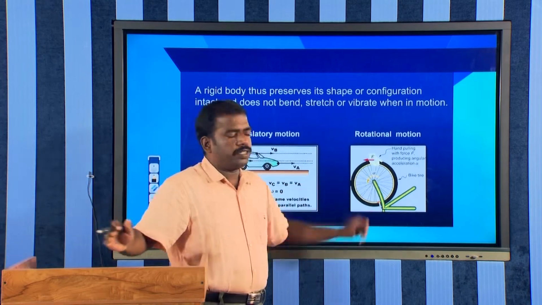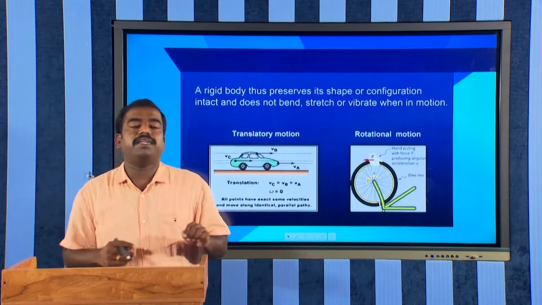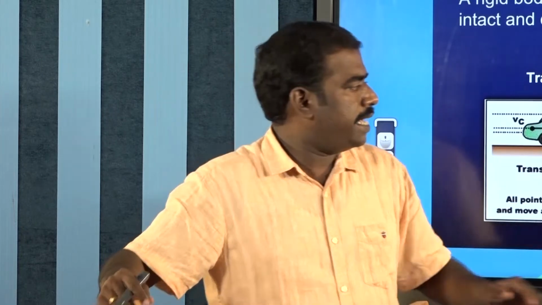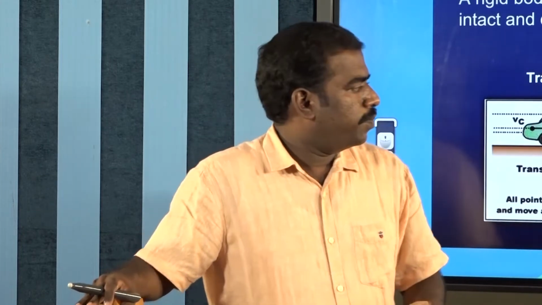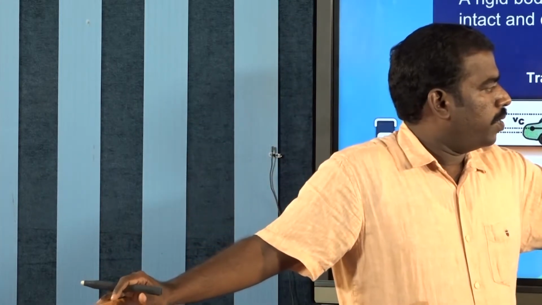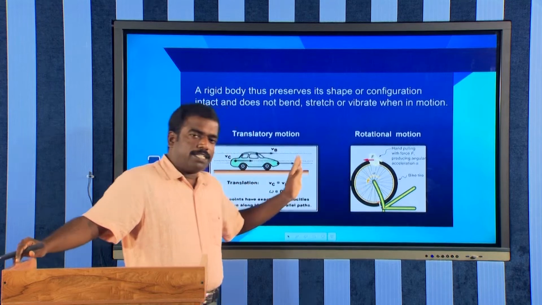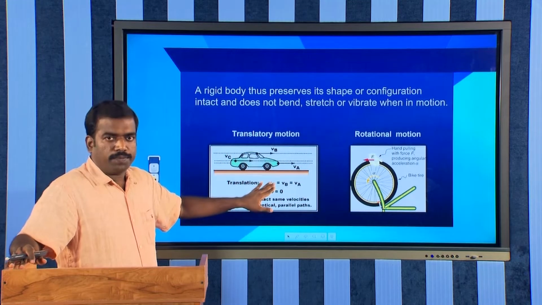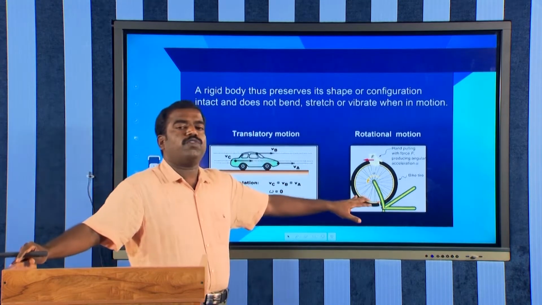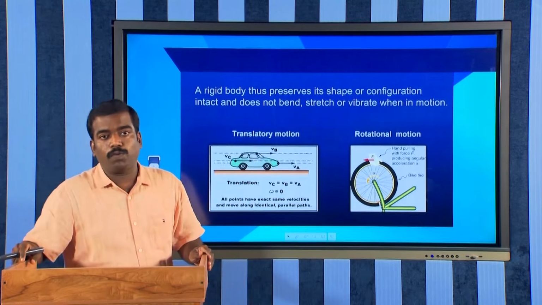But in the case of rotational motion, the particles are free to rotate in a circular path about a fixed axis. Here you can see the particles are free to rotate about a fixed axis and the path is circular. In the case of translatory motion we have linear velocity, but in the case of rotational motion we have angular velocity.